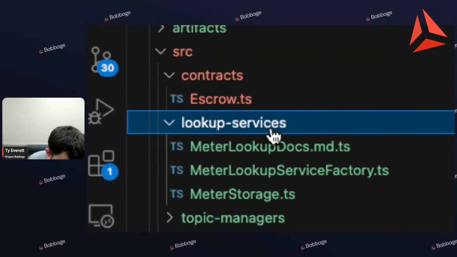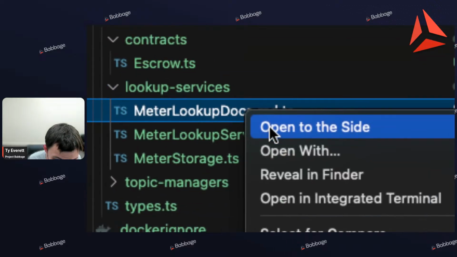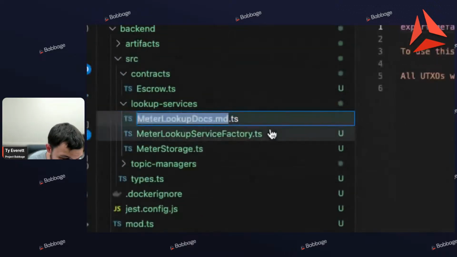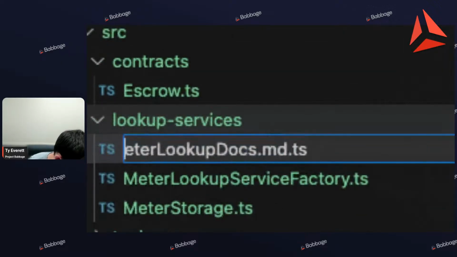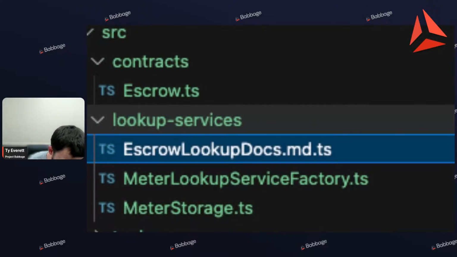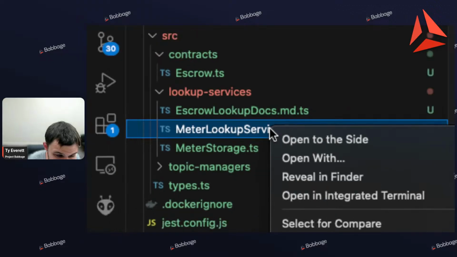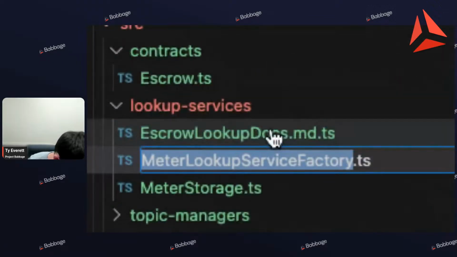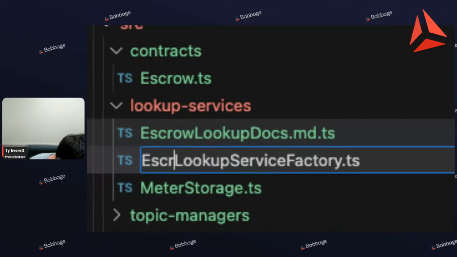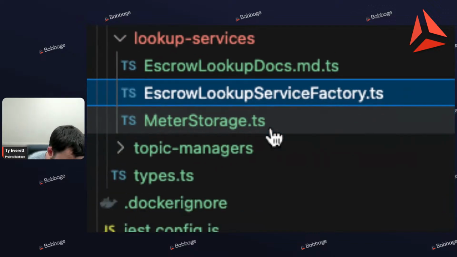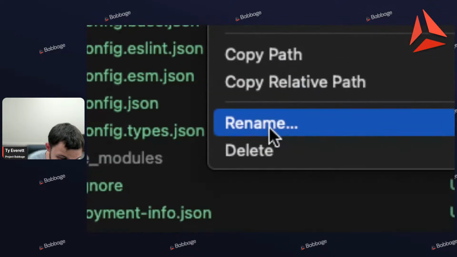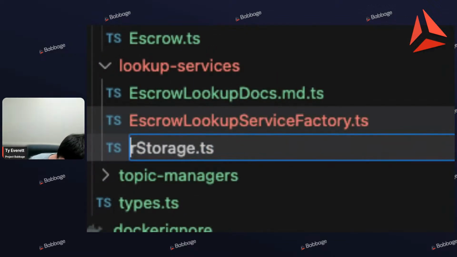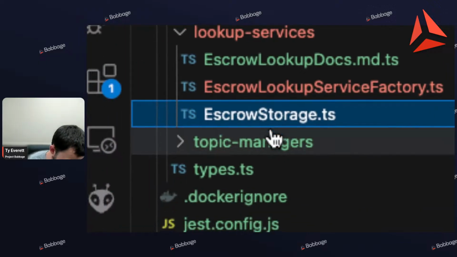And then lookup services, we got escrow. And we'll have to rename all of this, just as correct. All of this will be refactored.